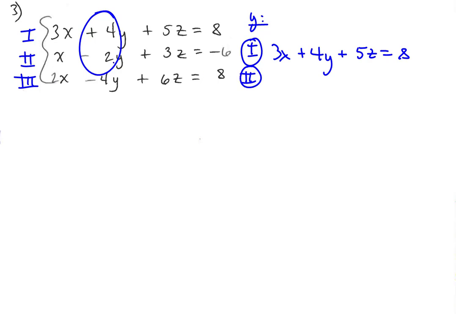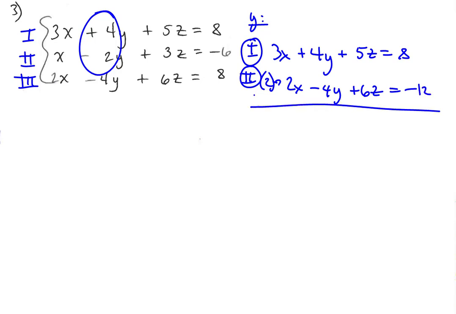But this is the one that needs some work. We're going to have to double it so it'll eliminate in these y coefficients. That'll give us, so equation 2 times 2 would give us 2x minus 4y plus 6z equals negative 12. Now, at this point, we're ready to eliminate.